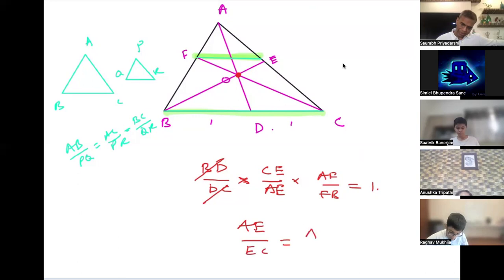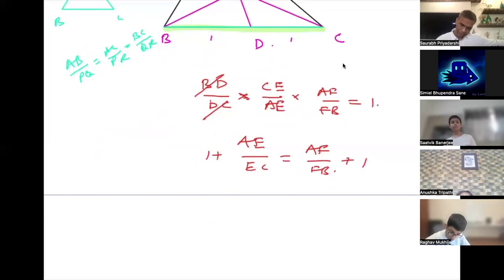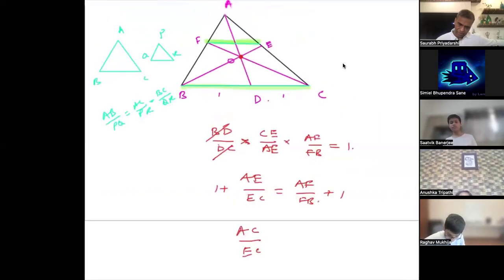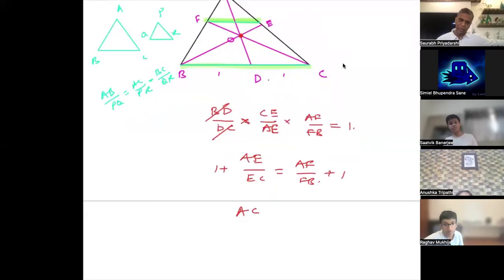So this is AC by EC, or I can take the reverse and add on both sides. So this is AE by AC is equal to AF by AB. What is the meaning of this?